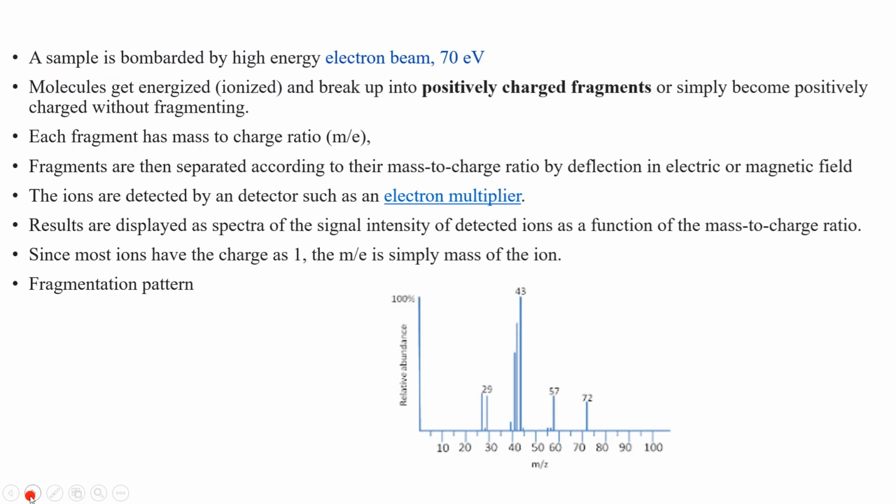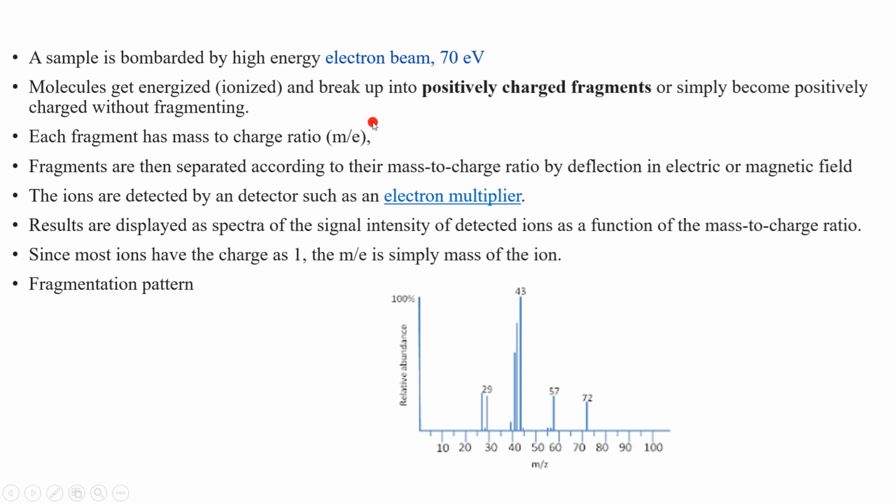What is done in mass spectroscopy? A sample is bombarded by a high energy electron beam, 70 electron volt. Because of this high energy beam, it forms radical charges. So positively charged fragments are formed, and depending upon the molecular mass of the fragment, we have the m/e ratio.